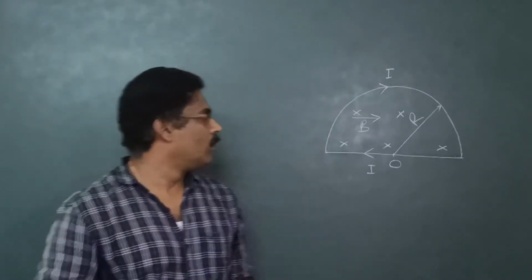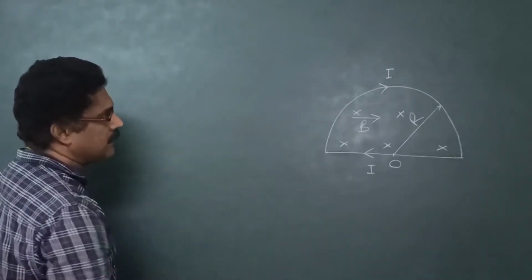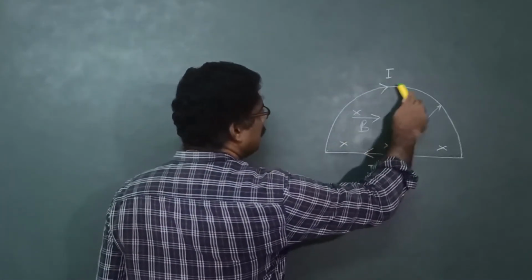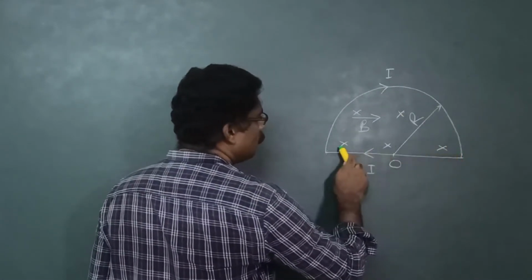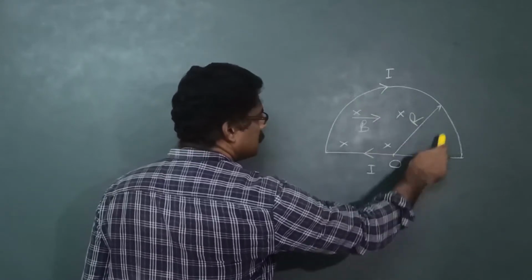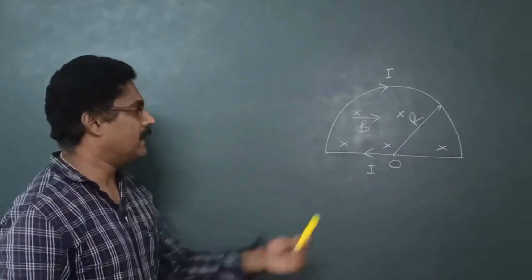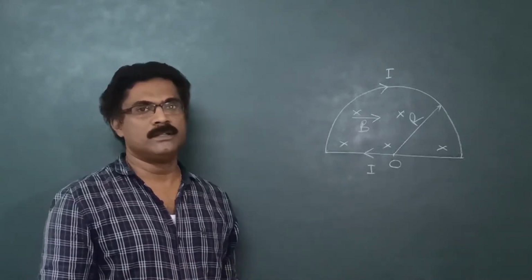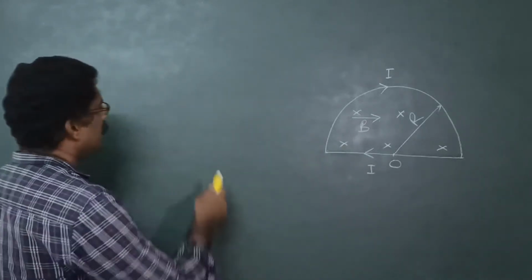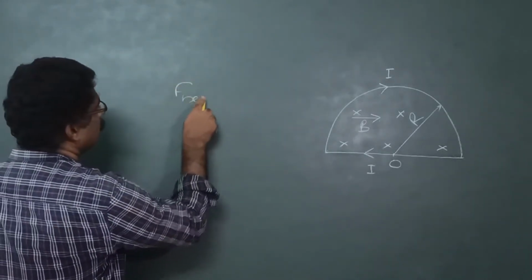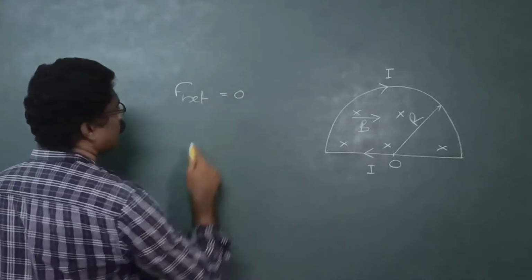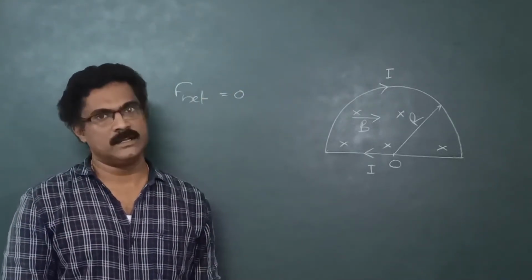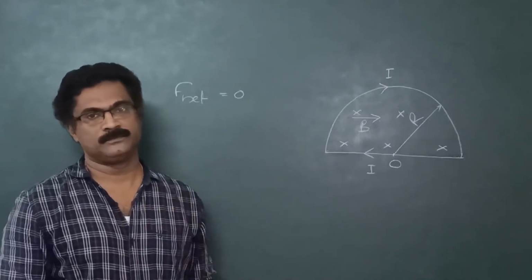Here the current is I and it completes the loop in the same direction, clockwise, and it is placed in a uniform magnetic field. So the answer is net force is equal to 0. This is a very simple question, so remember this point.